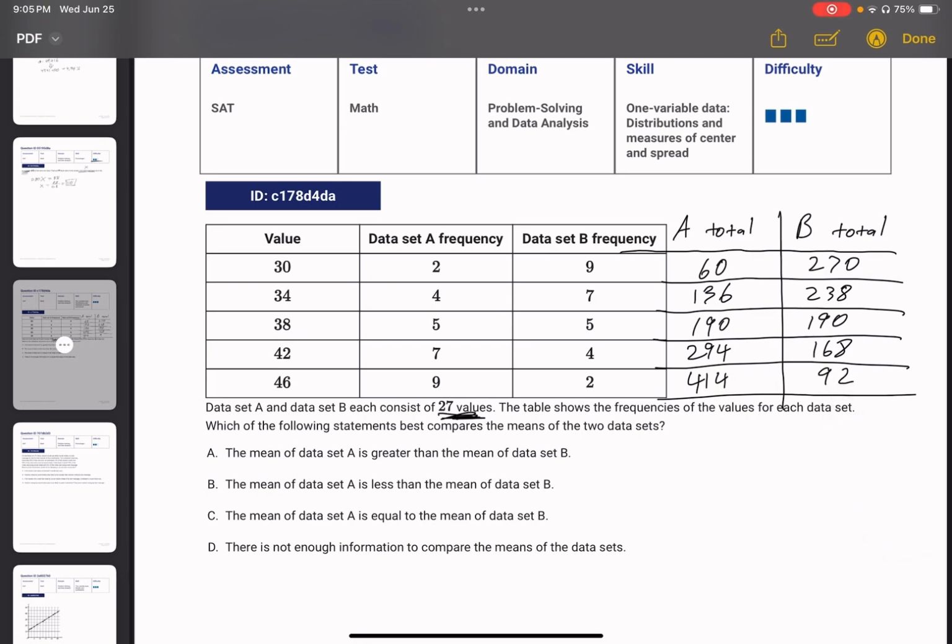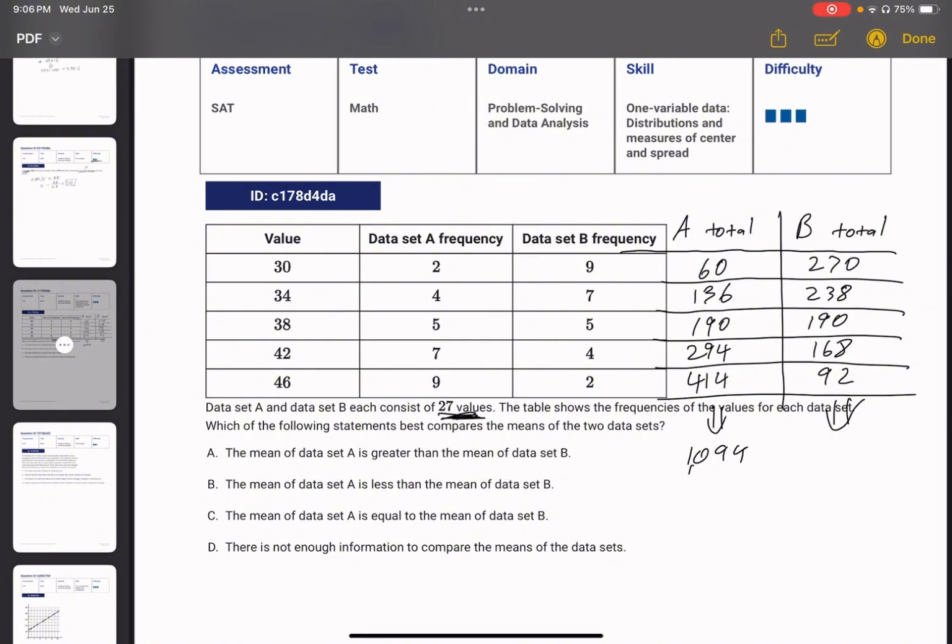Now that we have all our values, we're going to add them up at the bottom down here for each question. And we're going to get 60 plus 136 plus 190 plus 294 plus 414 is going to give you a total of 1,094.